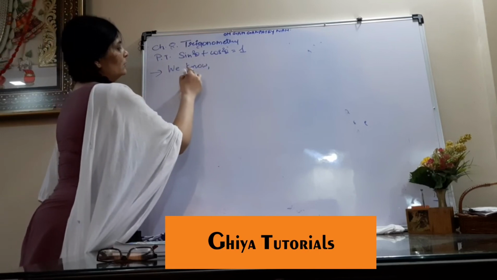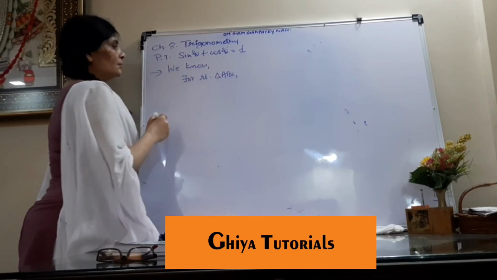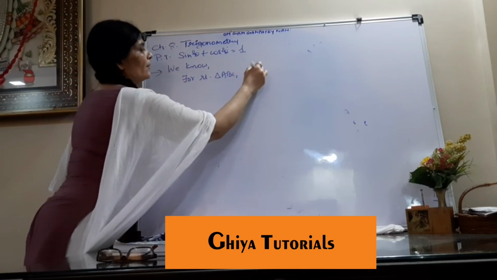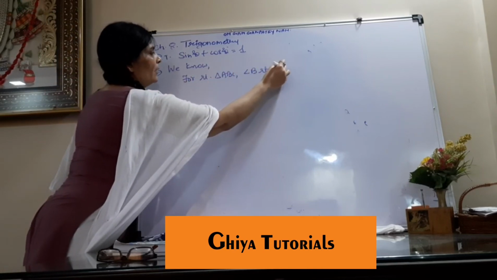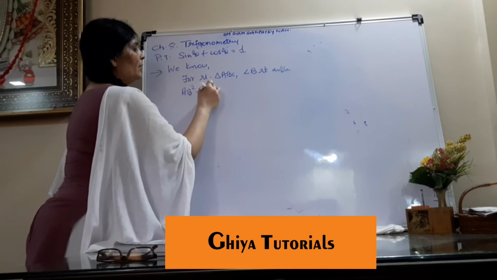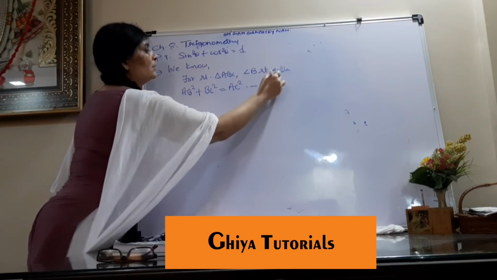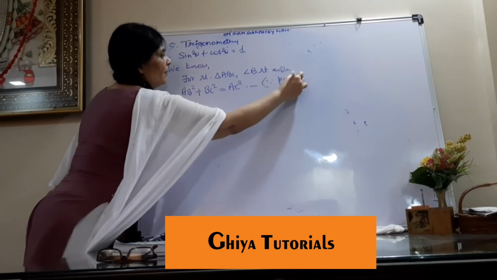We know, for right triangle ABC, angle B right angle, AB square plus BC square equals AC square using Pythagoras.